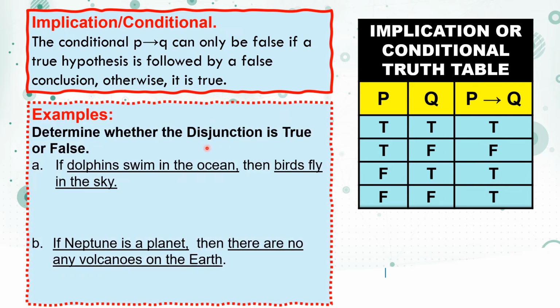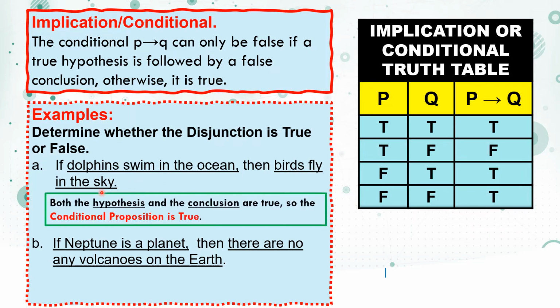For example, determine whether the conditional is true or false. If dolphins swim in the ocean, then birds fly in the sky. So our hypothesis is dolphins swim in the ocean. At yung ating conclusion, birds fly in the sky.